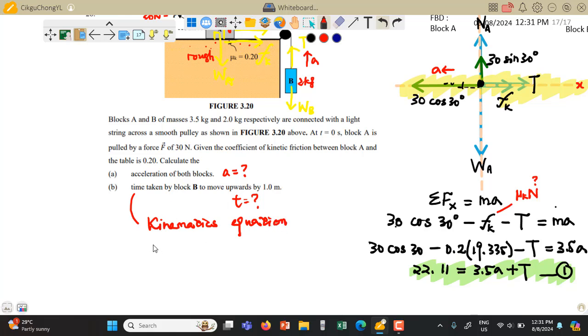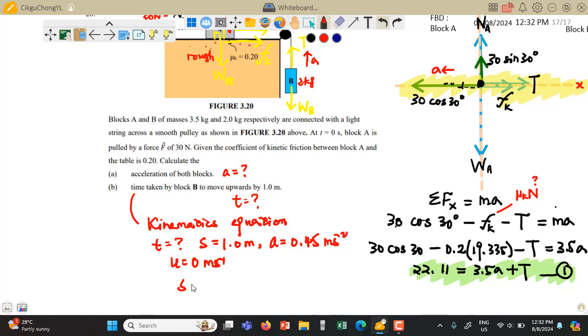So given that we want to find the time for the block to move a distance of 1 meter, and the acceleration is already calculated as 0.45 meter per second squared, and now we understand that initially the block is not moving, so u is 0.